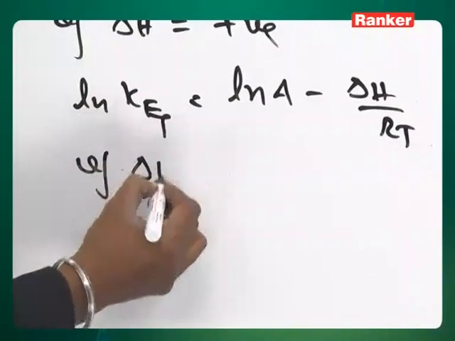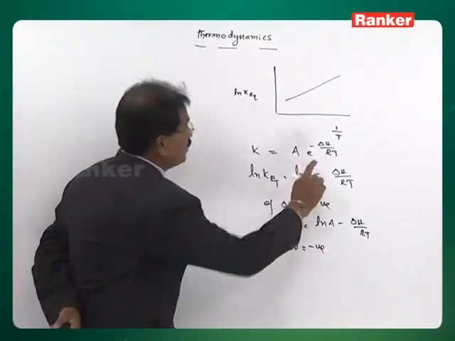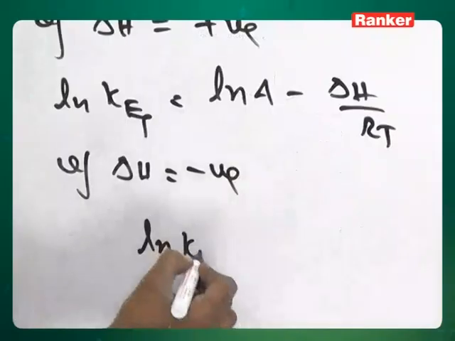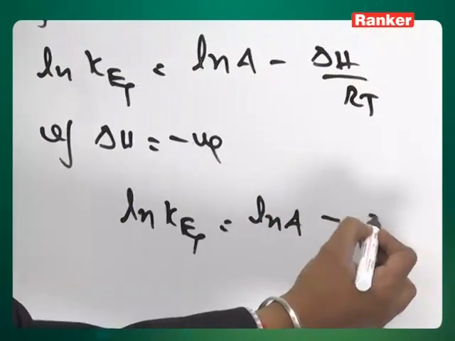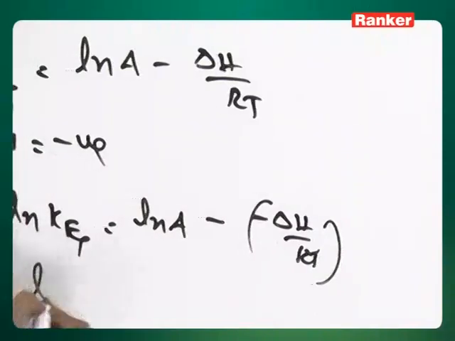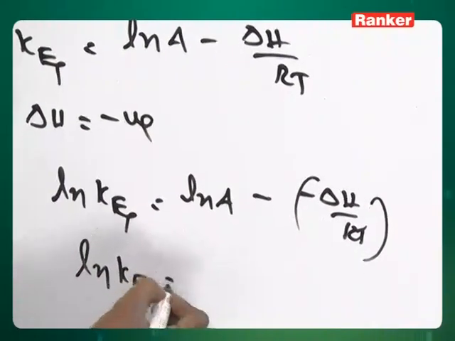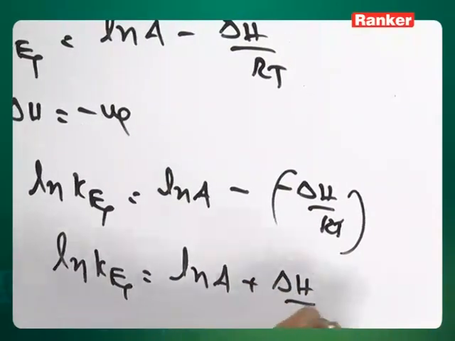If del H is negative, then this expression will become ln K equilibrium is equal to ln A minus del H upon RT. Therefore, it becomes ln K equilibrium is equal to ln A plus del H upon RT.